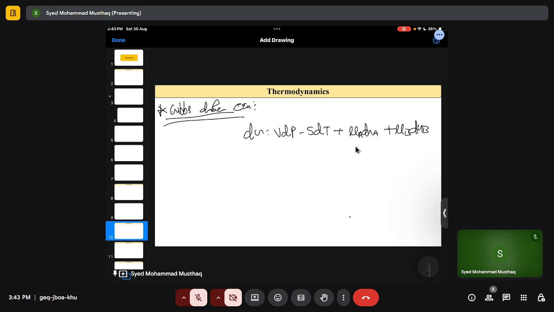Okay, so we know the pressure is constant, that's why dP will be 0. Now if we are doing this at constant temperature, for example we are mixing water and sugar. Water is component 1, sugar is component 2. We are mixing at constant temperature, room temperature. We are not raising the temperature or anything. That's why this is also 0.